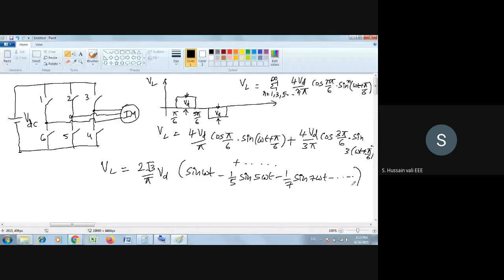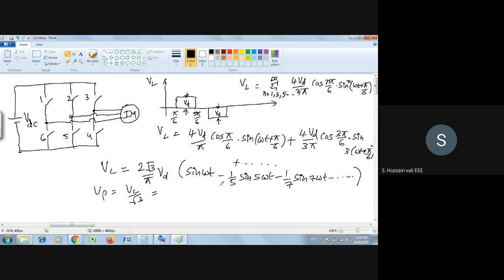Okay, for example, if you want to find out the phase voltage, what do you do? So your line voltage divided by root 3. So then you substitute in that, you will get that answer. So this is phase voltage.